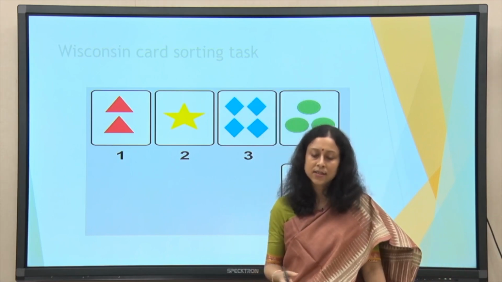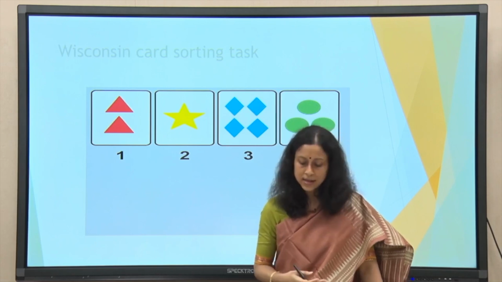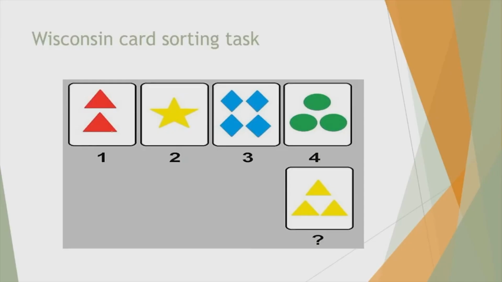For children, the sets are small, lesser in number, for adults they are larger in number. You can make it as complex as you want. In the example that we have, the cards are different in terms of color, in terms of shapes and in terms of the number of objects that are present.